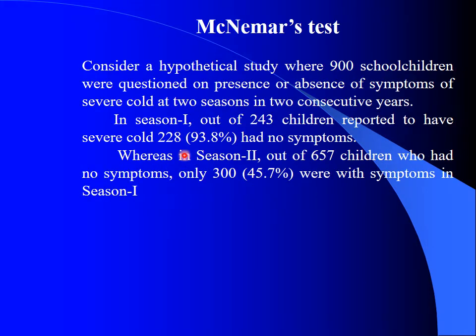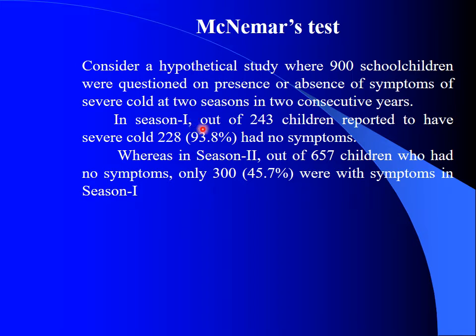Consider a hypothetical example of 900 school children. They were questioned on presence or absence of symptoms of severe cold in two consecutive years, year one and year two, to see whether there is any change in the pattern.